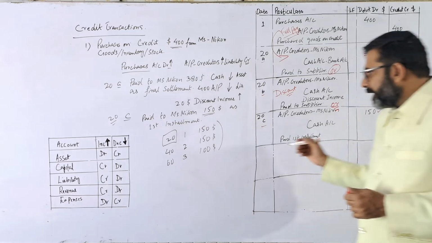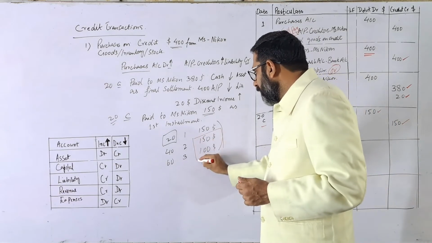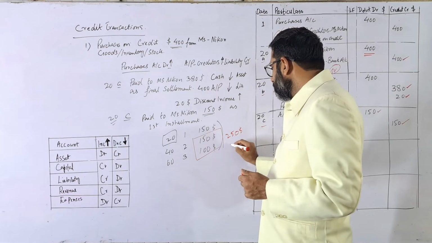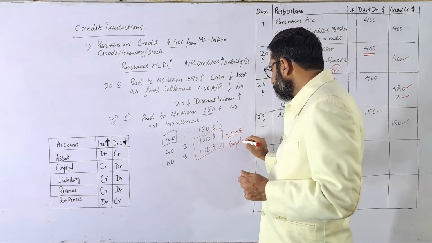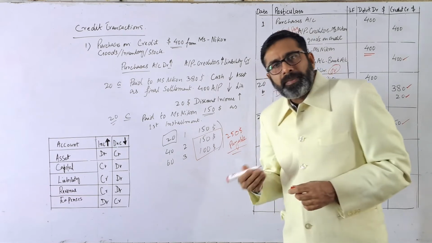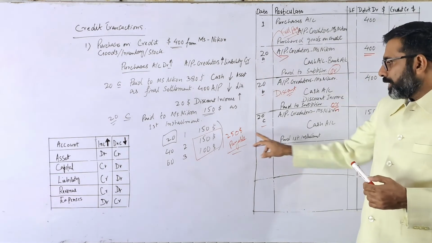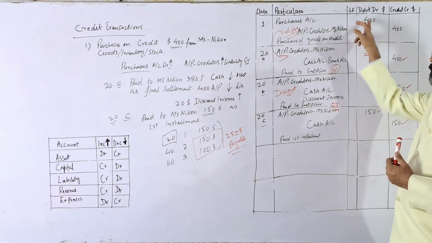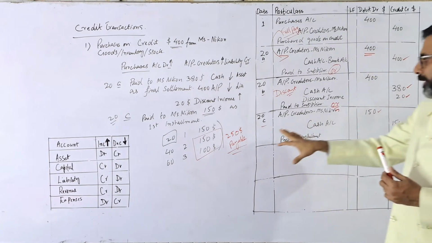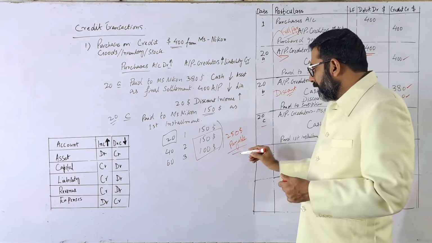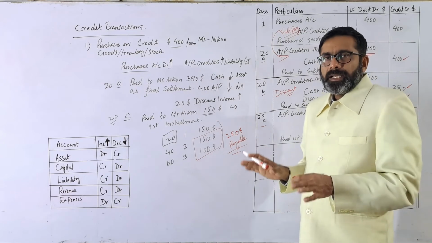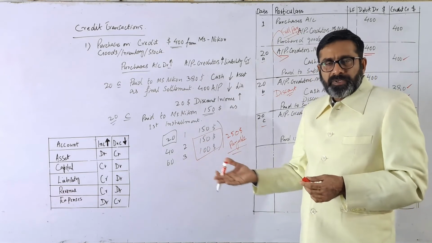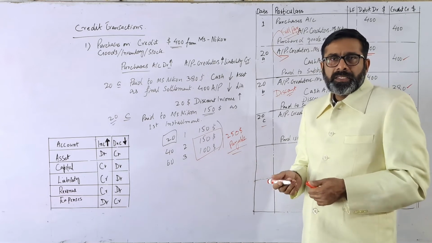So if we see here, how much do you still have to pay? $250 is still payable. It means the balance of the payable is still $250. You have paid only $150 out of $400. So the payable of $250 is still your liability in the account, which you will pay after 40 days or 60 days in different installments as agreed with the supplier.